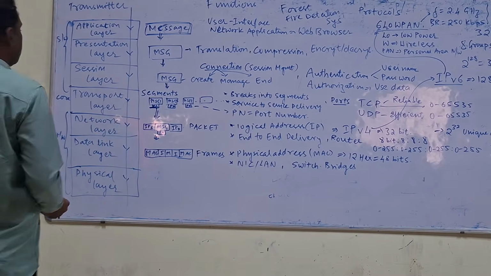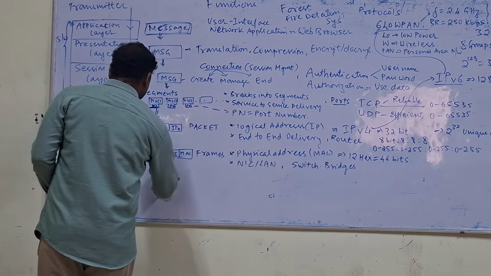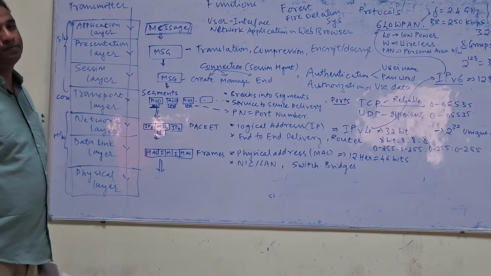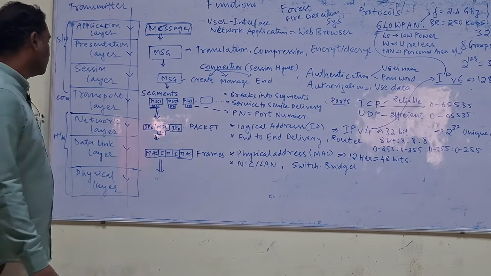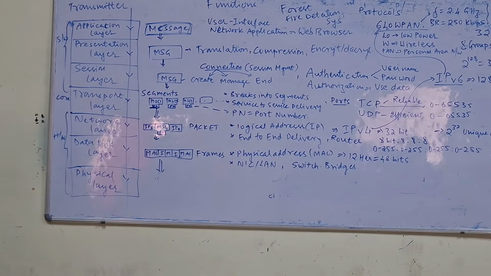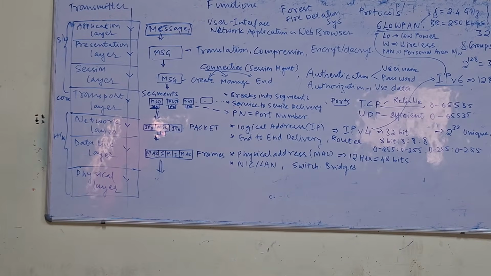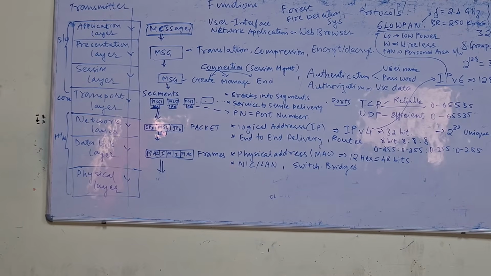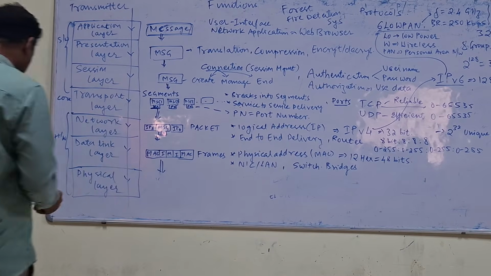Now done. Once it is done, press. It comes here. So here it is converted into voltages and electromagnetic radiations, radio waves, if it is wireless. So what is decided at this place?